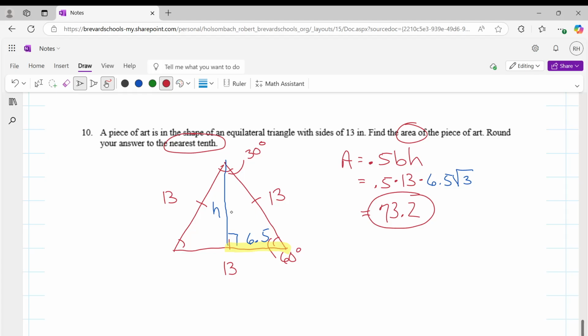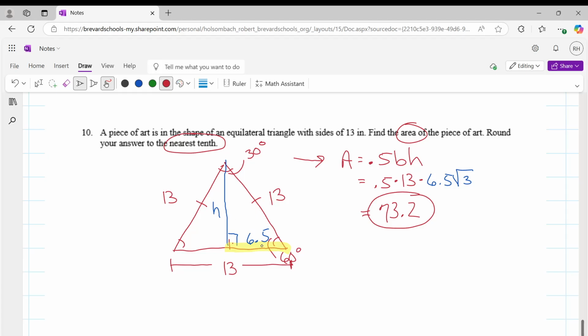The key being in this problem, the formula for the area of a triangle is 0.5 times base times height. The base is the 13, this is given. The rest of the problem is just finding the two legs of a 30, 60, 90.